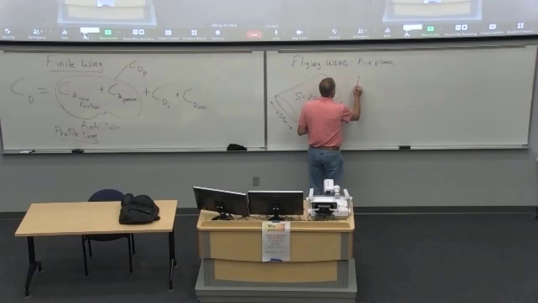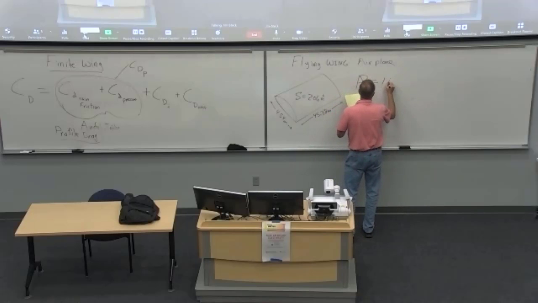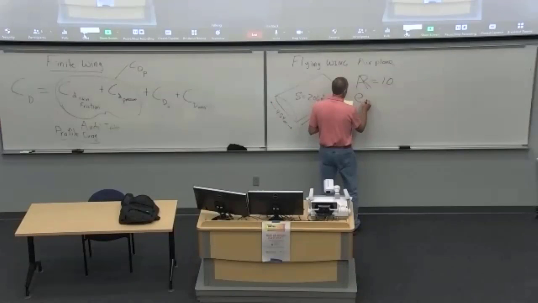And the aspect ratio, take b squared over S, is 10. The span efficiency factor is 0.95, so it's a pretty good wing.